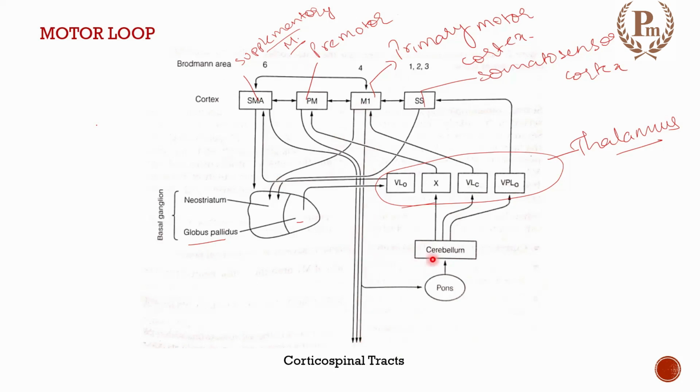There also it gets a copy. So this is how they form a loop. They keep each other in the circuit. They keep each other informed. Structures like your sensory cortex, motor cortex, basal ganglia, cerebellum, and spinal cord are all part of it.